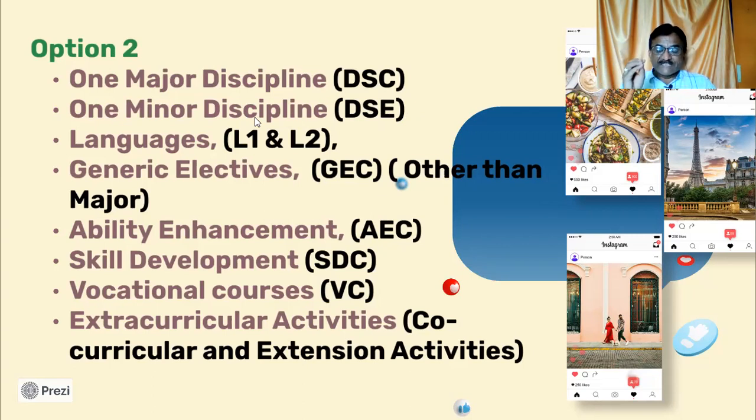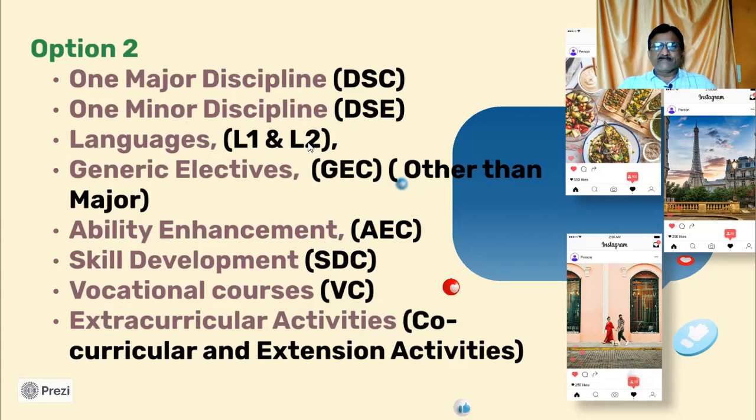These are not exact; they will give certain guidelines according to the NEP 2020 curriculum framework. One major discipline, one minor discipline. As I have already explained about the languages L1 and L2, one is English and the other is a language, whether it is Kannada, Hindi, Marathi or even French.